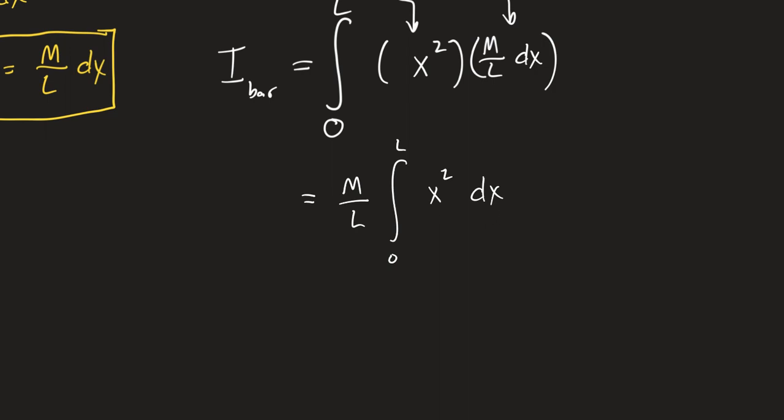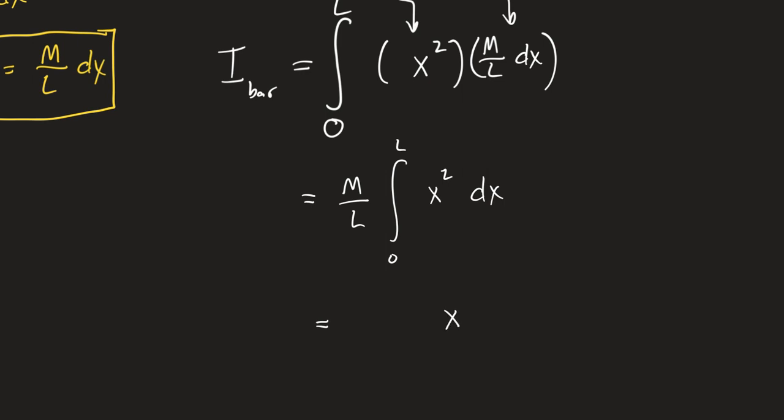Now, we've talked about integrating. This is a polynomial. X squared is our polynomial. We just have to use the polynomial rule to do the integration. Integrating has just a couple of procedures. The first part is to find the antiderivative of x squared. Integrating does derivative in reverse.